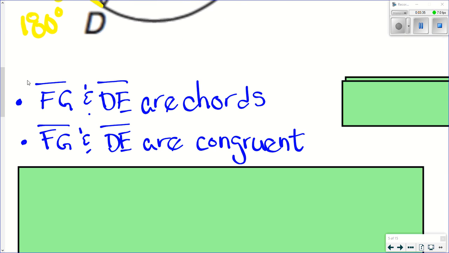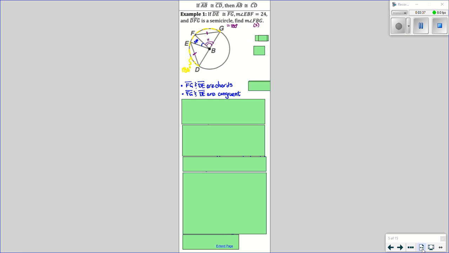Because they are congruent, since they are congruent, that means arc FG and arc DE are congruent because chord FG and chord ED are congruent. So this is going back to the theorem that we just learned.